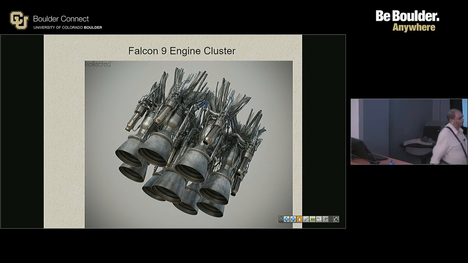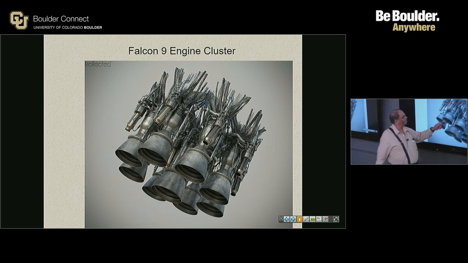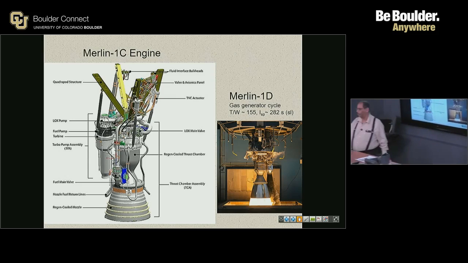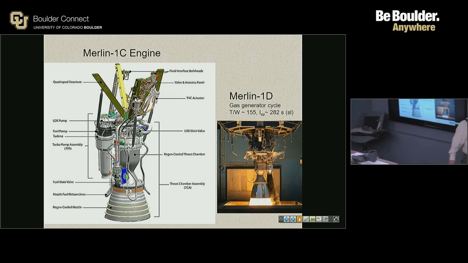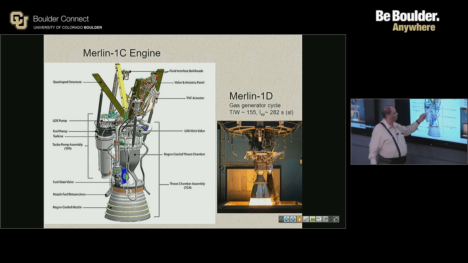Okay. The main nozzle, the thrust chamber, the nozzle, and this is the turbopump exhaust. In other words, this is a gas generator cycle in which this exhaust is not injected into the main engine. Now, when you generate the hot gases to drive the turbopump, there is what is known as a gas generator.